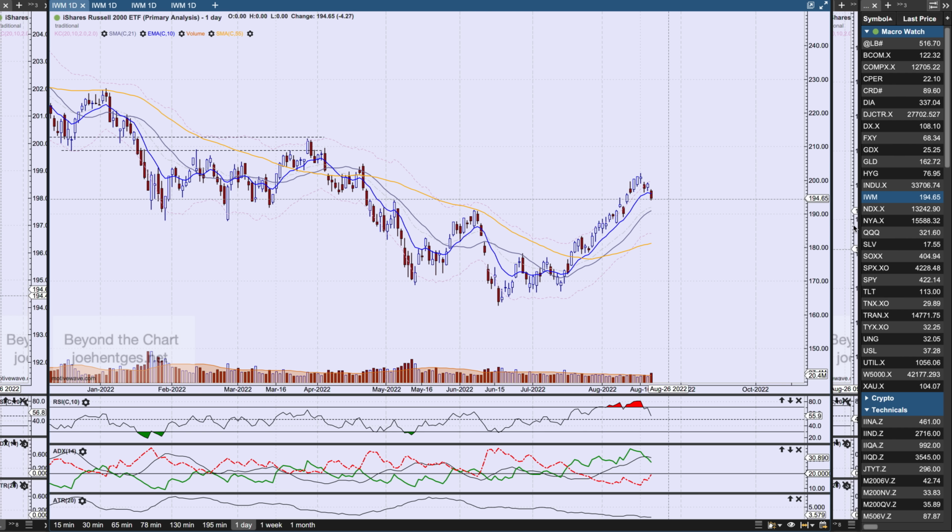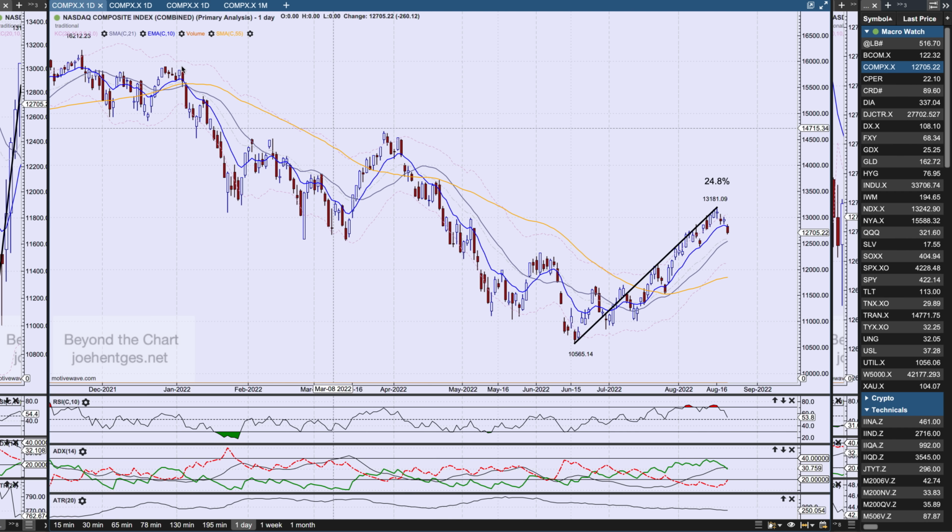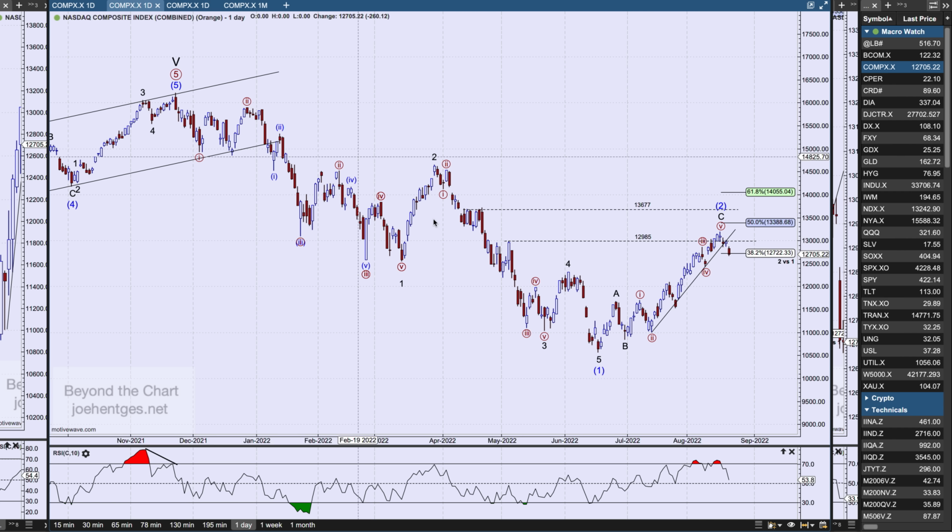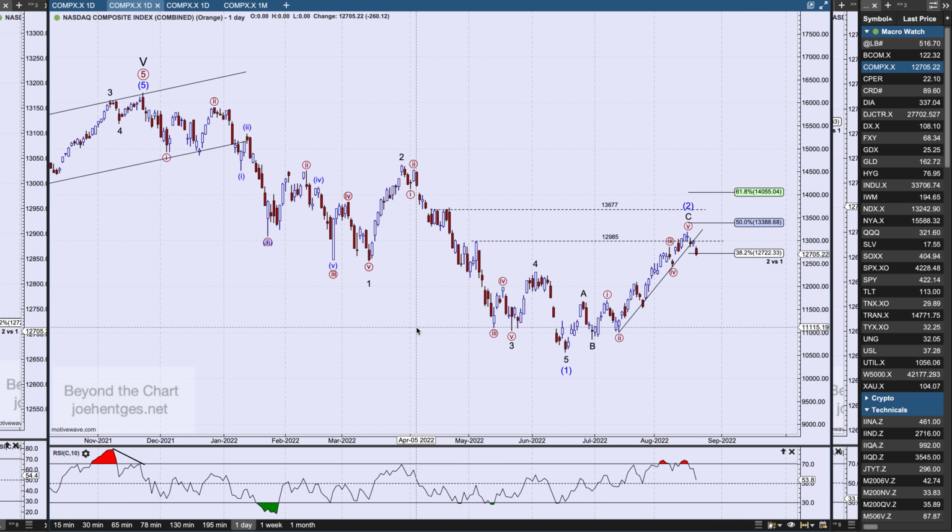Actually, just to close the loop on the initial title of this, why do I believe that this is a bear hiding in plain sight? It's because people are starting to get deceived into thinking that we have a new move to the upside, a new potential bull market.